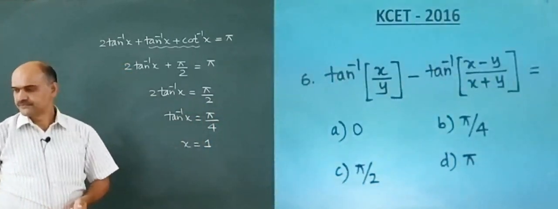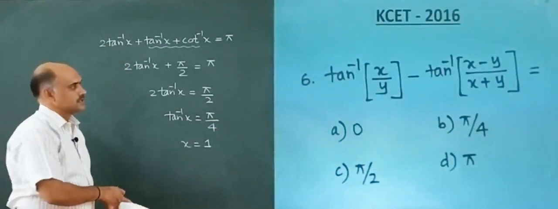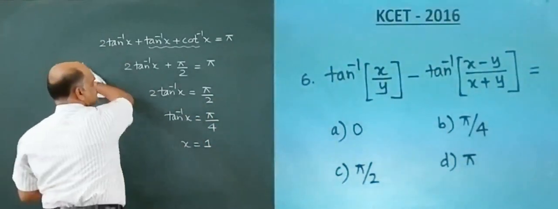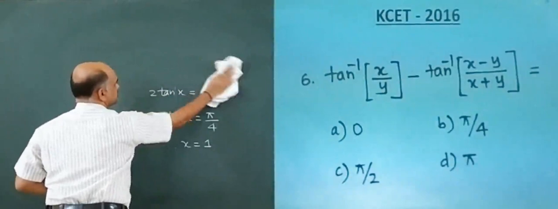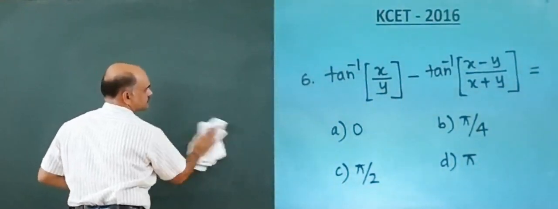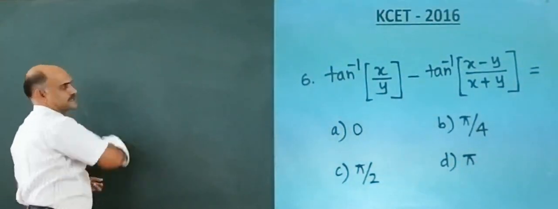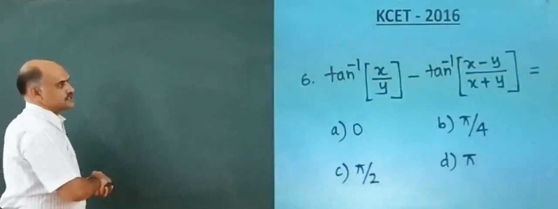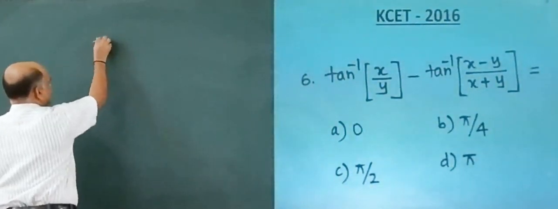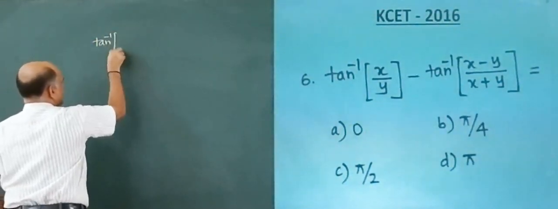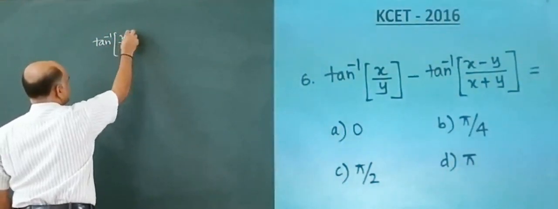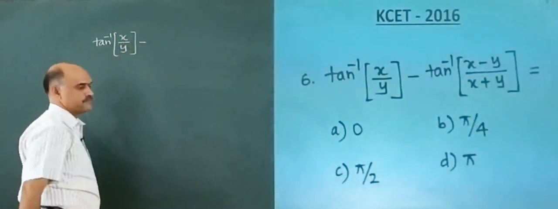Next. Tan inverse x by y minus tan inverse of (x minus y) by (x plus y). If I take this tan inverse x by y, I will write it as it is, minus.